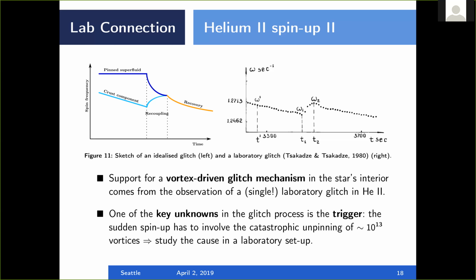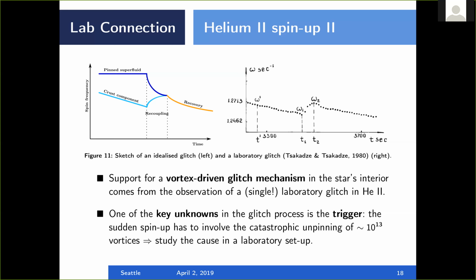The leftover repins on the crust, but now it's a very small piece, and the majority of the vortex inside transits into a different state, which makes you spin faster. So you spin up the crust, and you have to spin down the superfluid.